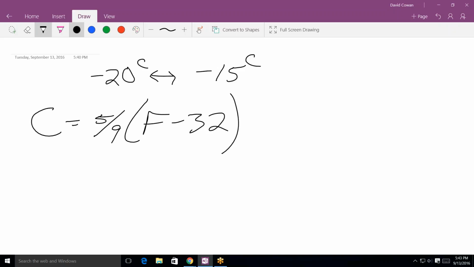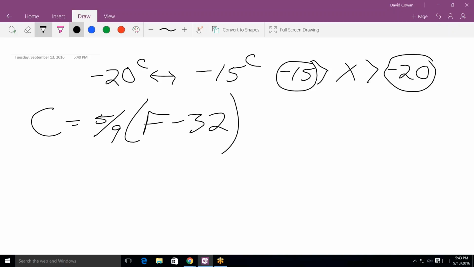Okay? The way I would do it is, if I call my temperature X, I know that it is greater than -20 and less than -15, correct? Yeah. Okay. All I have to do is convert that to a Fahrenheit and that to a Fahrenheit, and I'll have my answer.